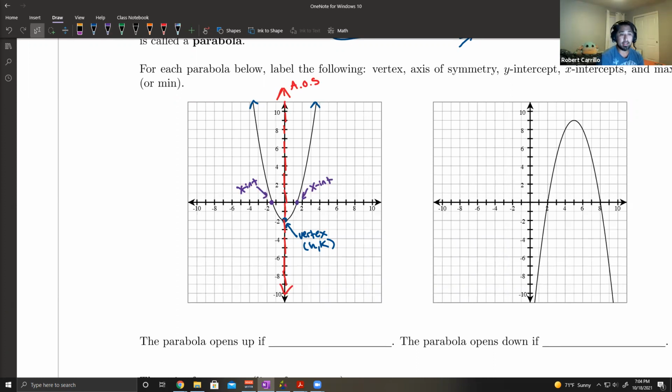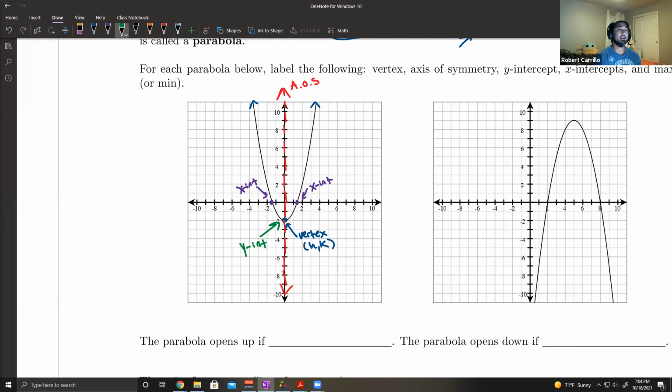Next is your y-intercept, but since our vertex is right on the y-axis, it's also going to be known as the y-intercept. This is not always the case. It's just with the parabola we're given here. So the vertex here is also going to be our y-intercept.